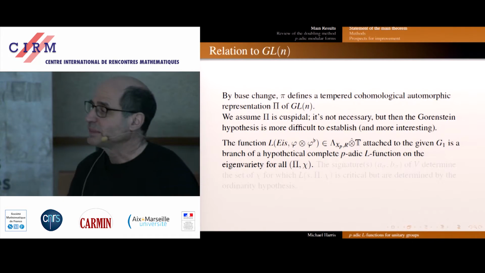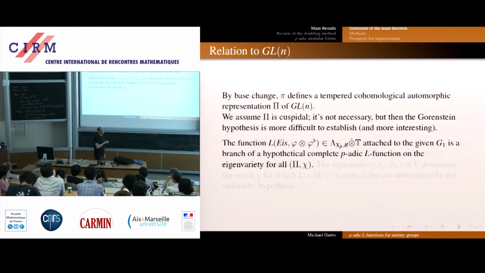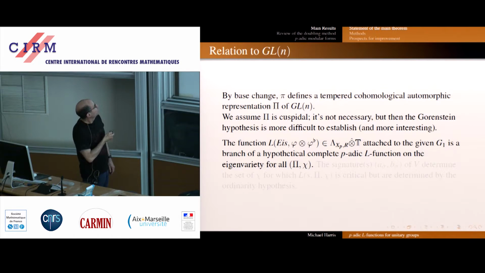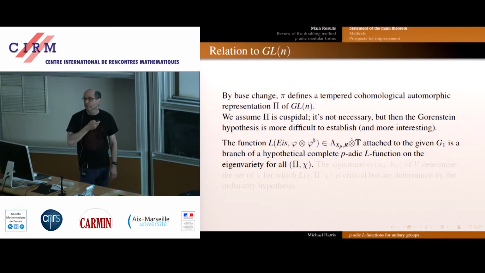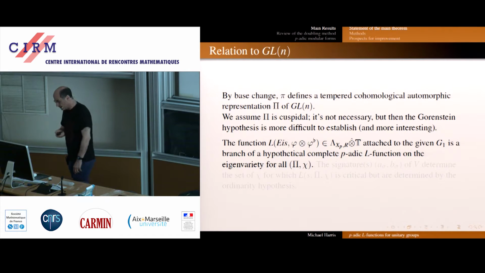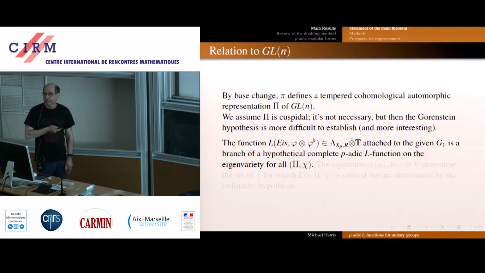Now, in the imagination of people who think about these things, this is only a small part of the p-adic analytic function that should be attached to this capital pi. There should be an eigenvariety for all pi and all chi, not only the ones that are ordinary. And these give different branches. And part of the theory is that you see different branches on different unitary groups.